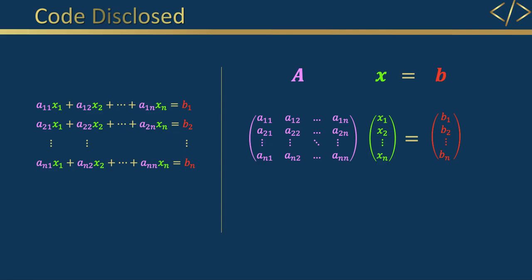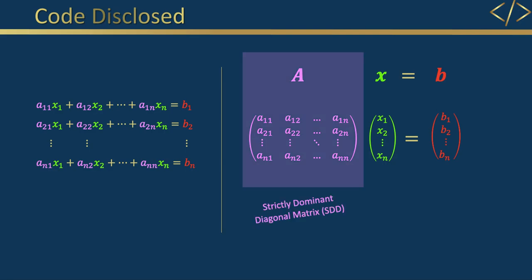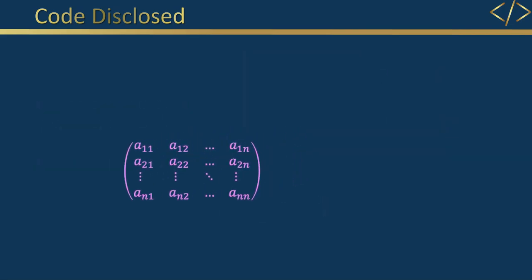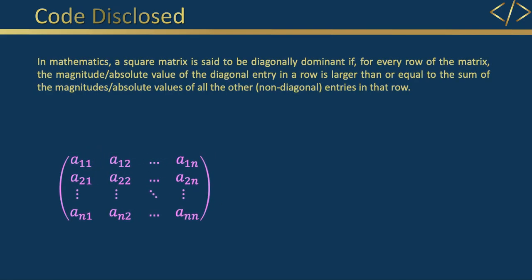Now, to understand what diagonally dominant means, we need to look at matrix A. Matrix A should be a strictly diagonally dominant matrix, and if this condition is satisfied, we can use the Jacobi method to solve these systems. What do I mean by that?